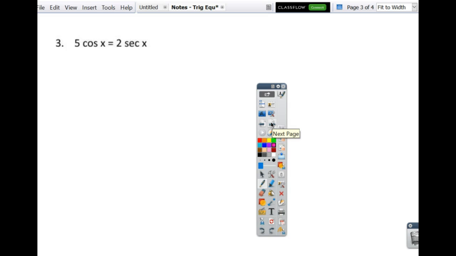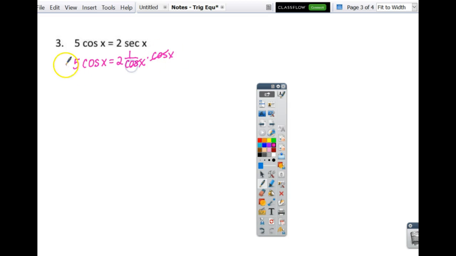The rest of you who need to know how to do number 3, what is it? Lauren, what is the secant? Lauren, zip it. What? It is 1 over the cosine. So if I want to solve this, how do I get rid of this which is in the denominator now? Multiply. So if I multiply both sides, what happens to this one?